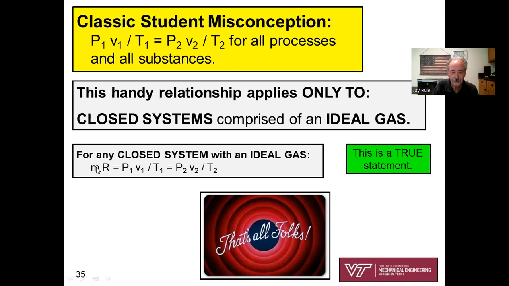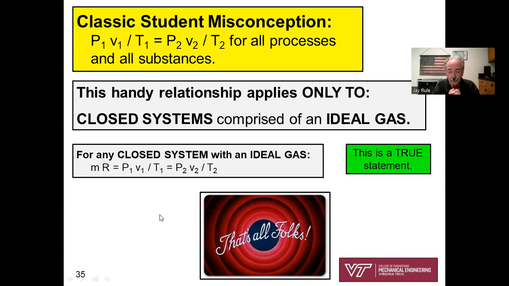R is a constant. So this little jingle holds only for ideal gases in a closed system. I can't tell you how many times students try to use this little jingle for steam, for refrigerant. They just love it, but that's an incorrect application of the jingle because you're not remembering what the restrictions on the jingle are: closed system, ideal gas.